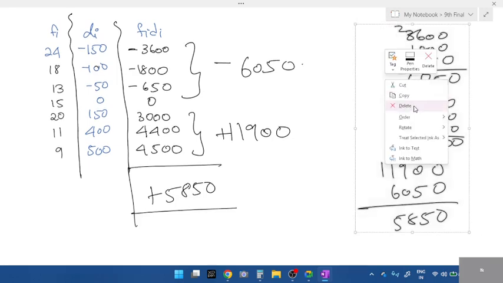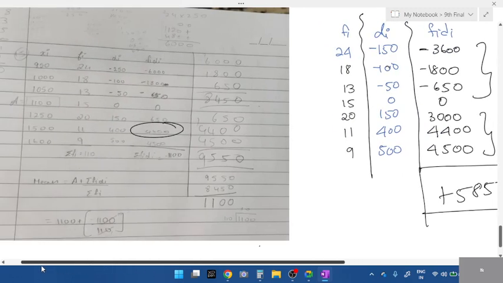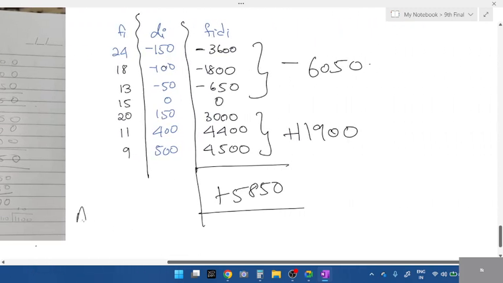5,850. Next one, assumed mean method. What did you assume, students? What have you all assumed? A is equal to 1,100. What is the Fi value? How come 110, Delisha? 103, Delisha? Then your entire value is wrong. Why did you take it as 4?